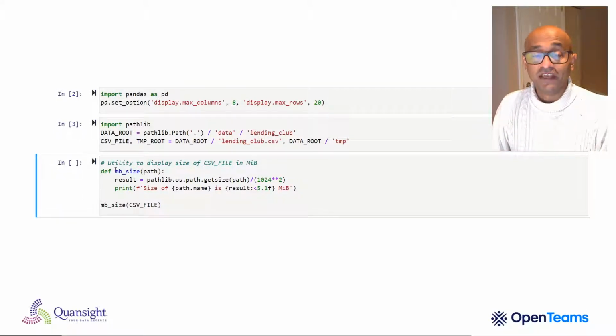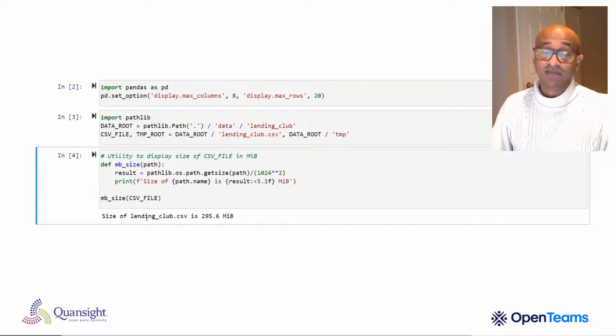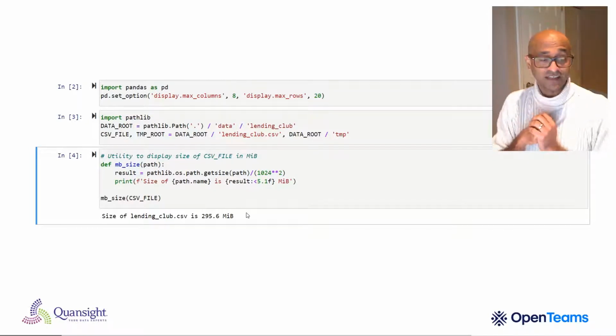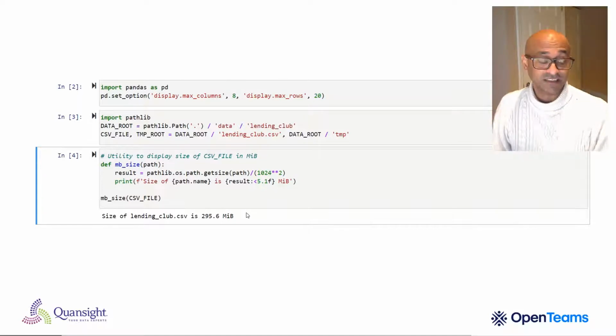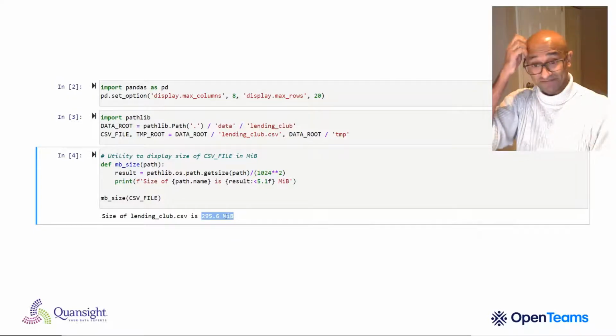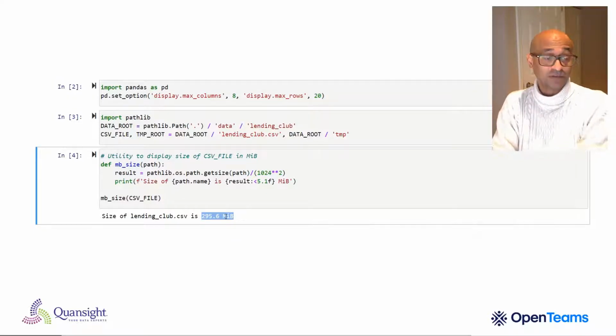So we can write here, for instance, a little function called MB size that we apply to the CSV file object, and we find that that CSV file is about 300 megabytes in size. So the advantage of doing things like this is that everything is operating in a system independent way. This particular file, about 300 megabytes, fits easily within memory on my laptop.